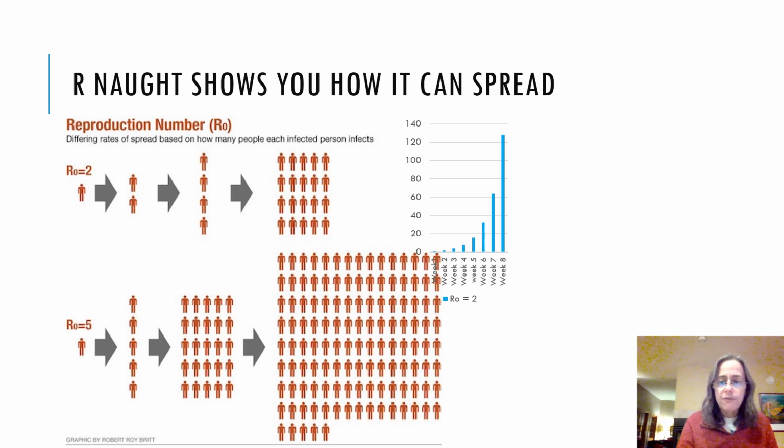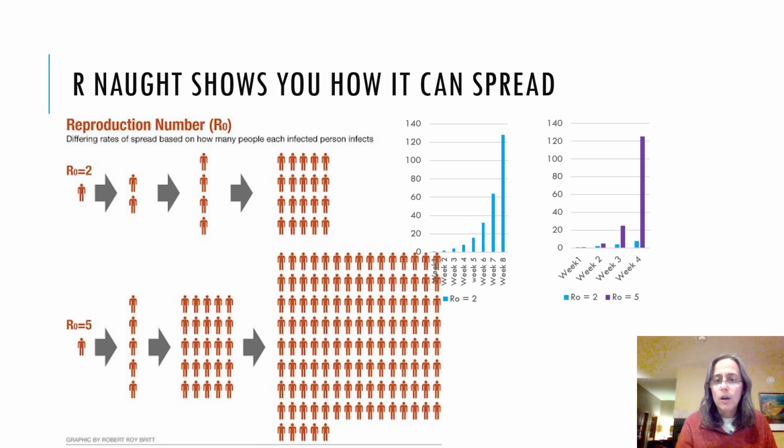But if the R naught is 5, look at this. I get to over 120 in half the time, 4 weeks, okay? And it continues to just increase and increase. These are the epidemic curves that we often see, and we've seen a lot of this past year with infections.